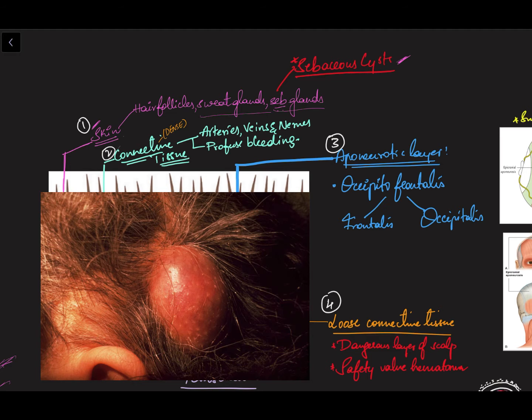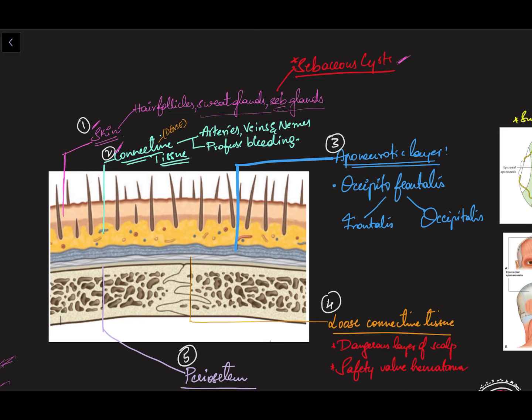Now the second layer is the connective tissue layer. Keep an eye on this, because the second layer, the connective tissue layer, is a dense connective tissue layer, whereas the fourth one, the loose areolar connective tissue layer, is different. Try to understand that difference.